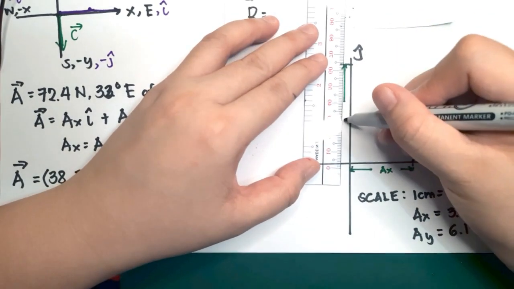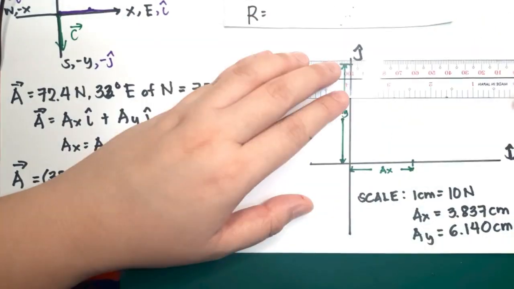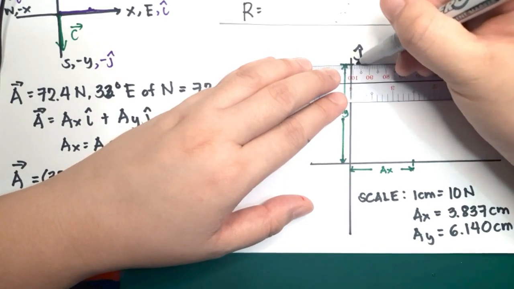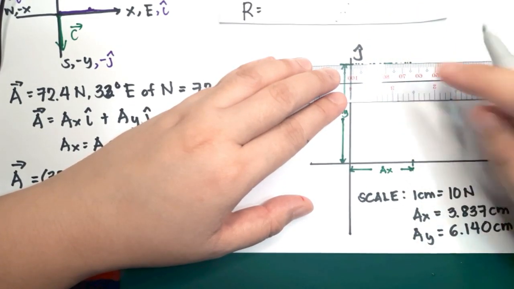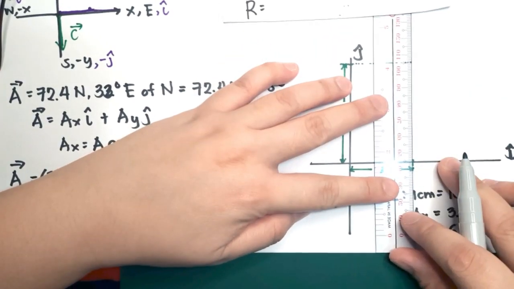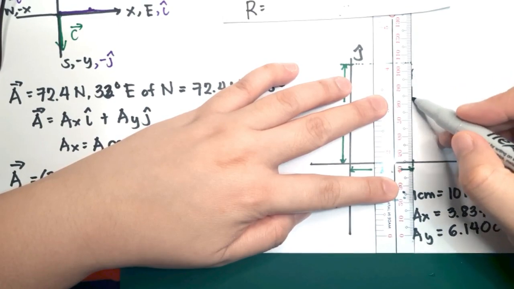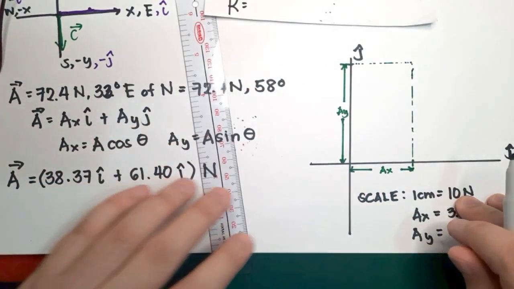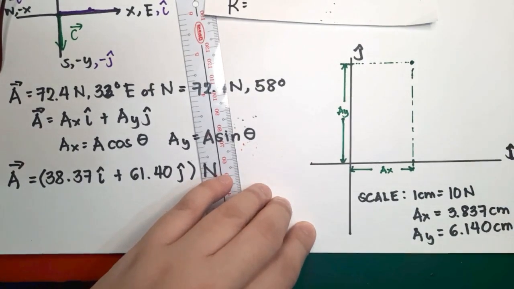Let's write AY. I will extend this mark until here, and I will also extend this mark going here. In that case, this should be the end of my vector A.